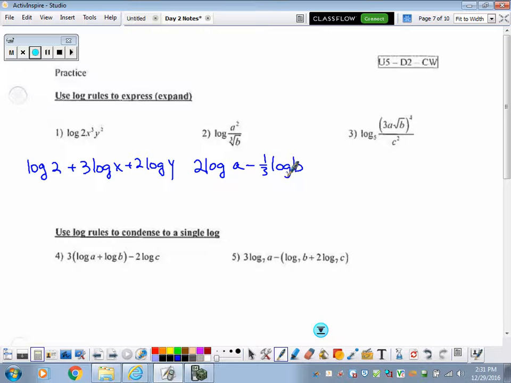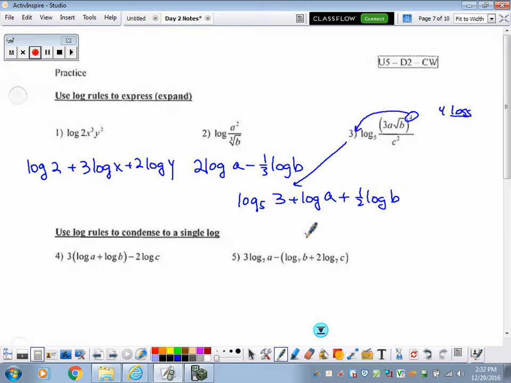Number 3 is a little bit more complicated, and again, we want to make sure you've got 4 factors here: the 3, the a, the b, and the c. So we're going to have 4 logs that are written, and I'm going to start this out a little bit to the left, because I know this is going to be kind of long. This is log base 5. We're starting out with the 3. I've got plus log a, plus 1/2 log b, and I have that big old 4, and that 4 is going to come out front for the entire numerator.